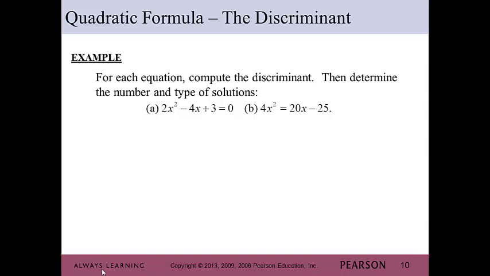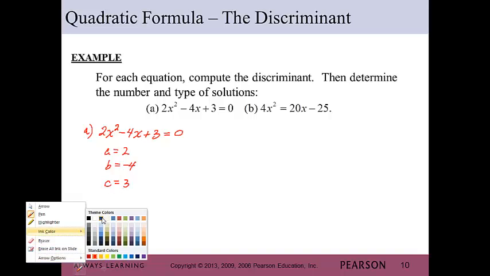Here's an example. It says for each equation, compute the discriminant, then determine the number and types of solutions. So this is part A, and it says 2x squared minus 4x plus 3 equals 0. So A is 2, B is negative 4, and C is 3.